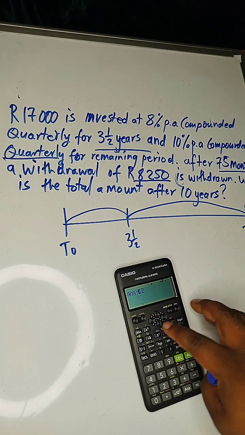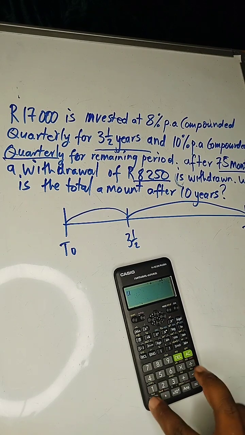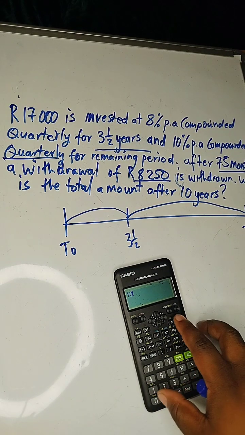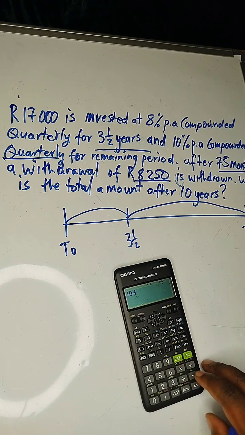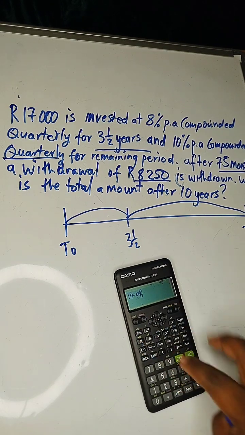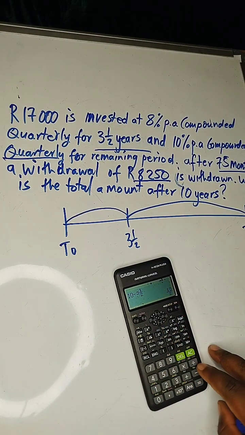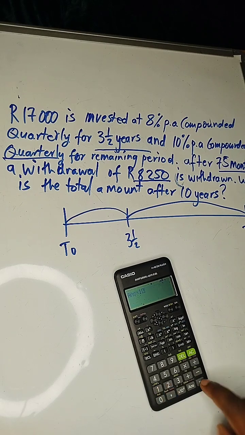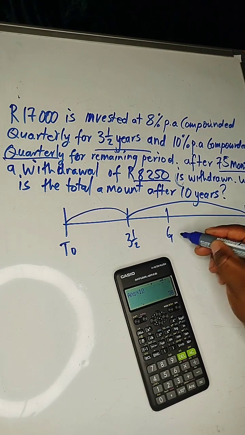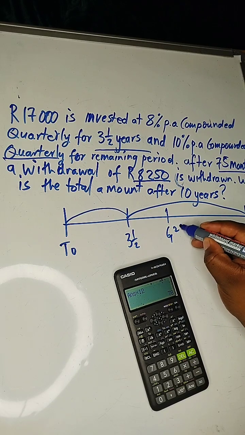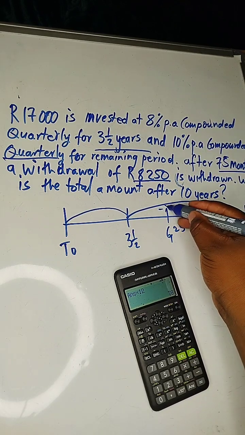Oh, let me go back. We said 10, then we subtracted 3.5. We got this, and then this we multiply by 12, which is 78. So when they are speaking of those months, they are speaking about 6.25 here, where there was a withdrawal.